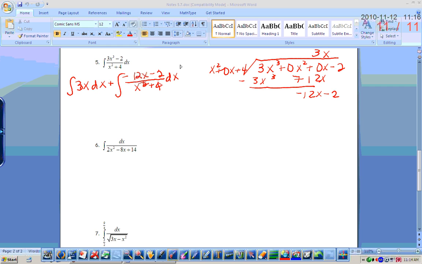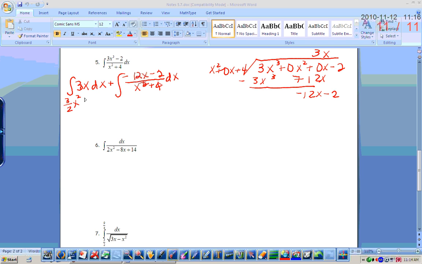I just think it's easier. The 3x is something I can very easily integrate. All right, so the integral of 3x is 3/2 x squared, right?